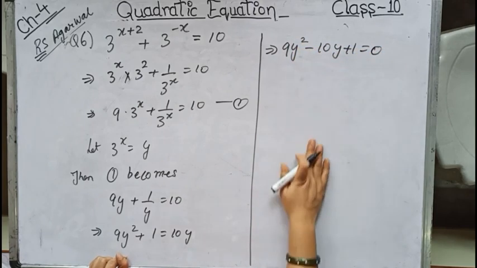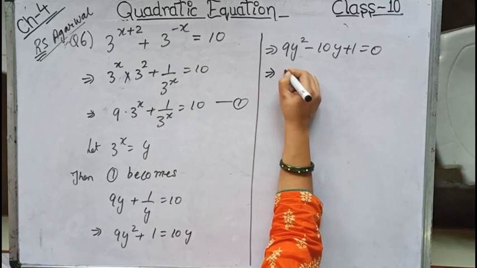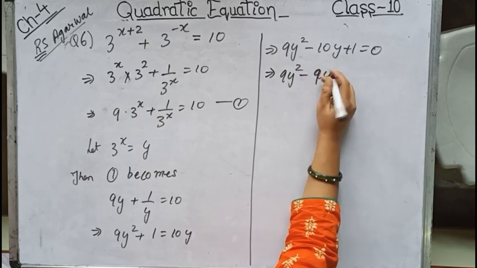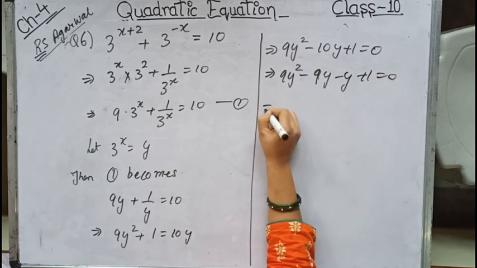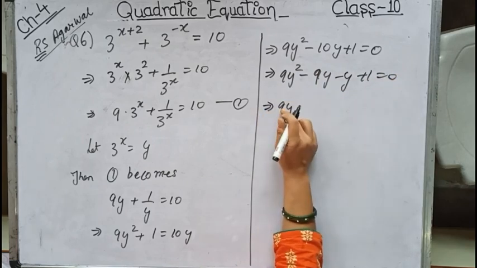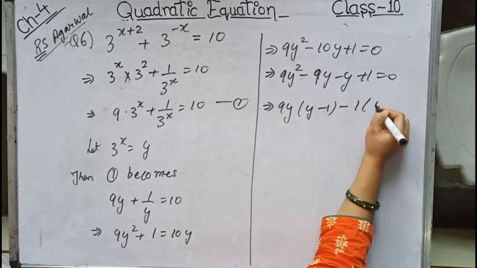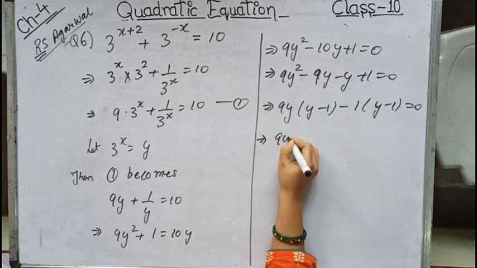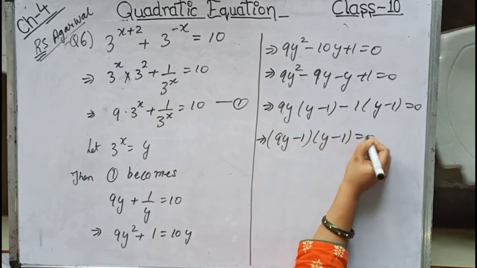Now you know how to solve such a quadratic equation by middle term factorization. So this implies 9y square minus 9y minus y plus 1 equals 0. This implies 9y(y minus 1) minus 1(y minus 1) equals 0. This implies (9y minus 1)(y minus 1) equals 0.